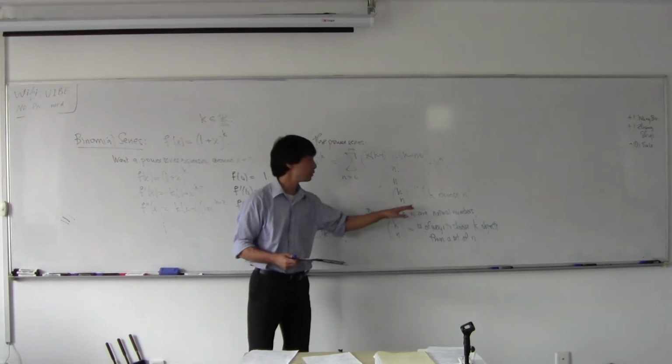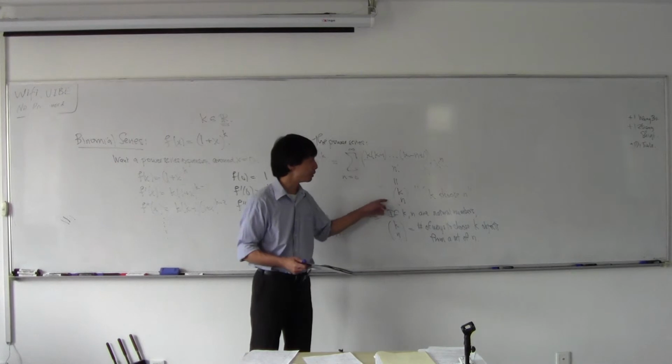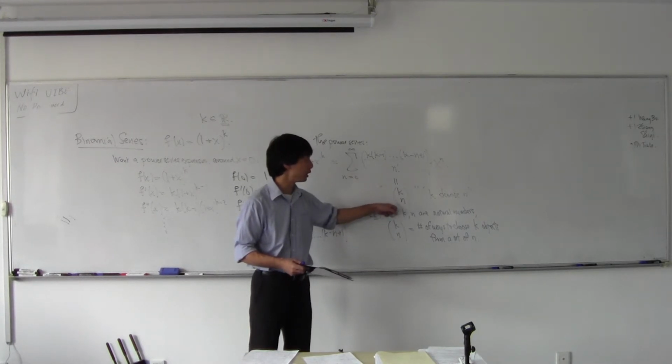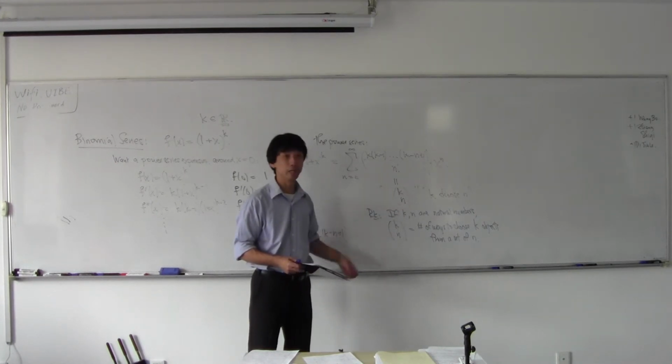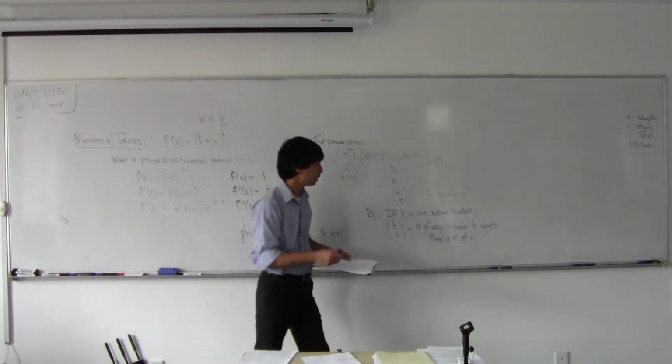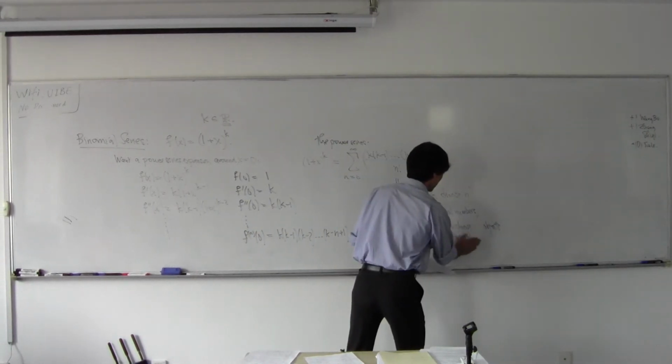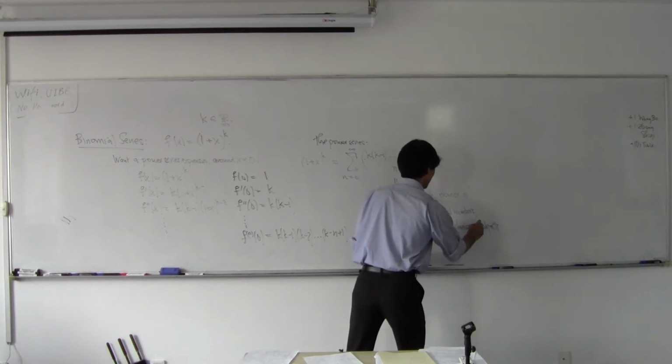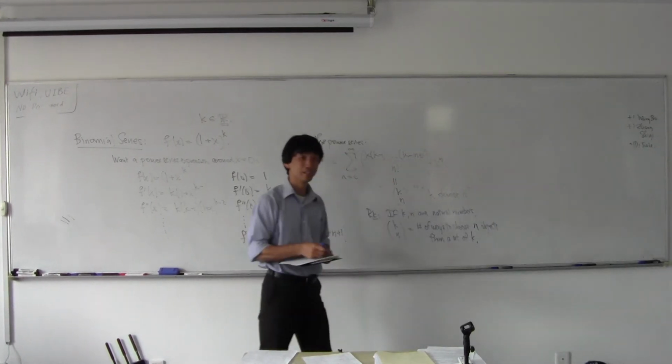That's why it's called choose, k choose n. It's the number of ways to choose k objects out of n objects. Wait, I got it backwards. Sorry. Choose n objects from a set of k. Sorry.